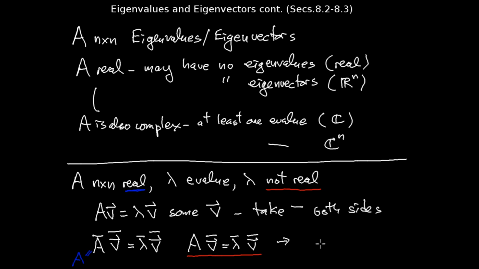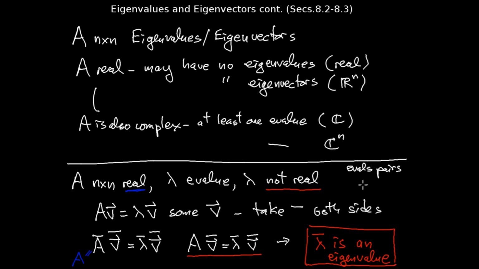That's kind of a neat thing, which is that when you have a real matrix, if you have complex eigenvalues, they have to come in pairs. That is to say, the eigenvalues come in pairs, lambda and lambda bar, the non-real eigenvalues.